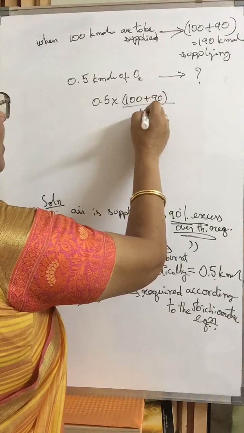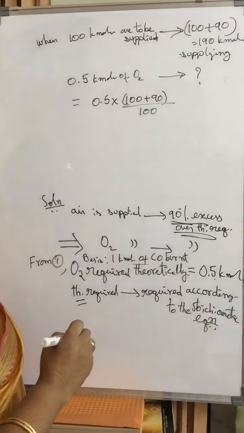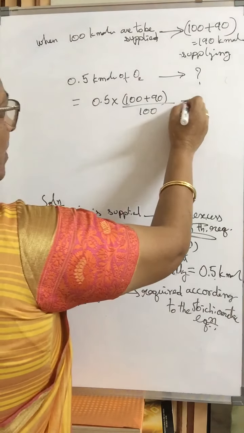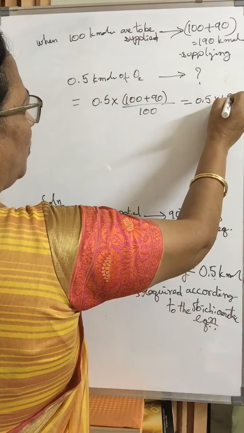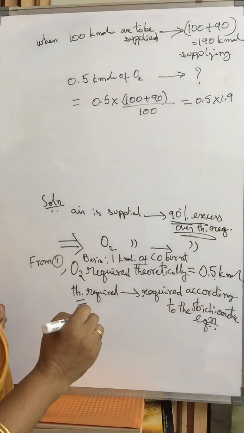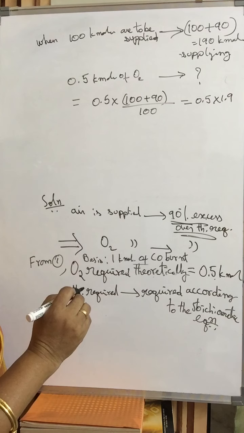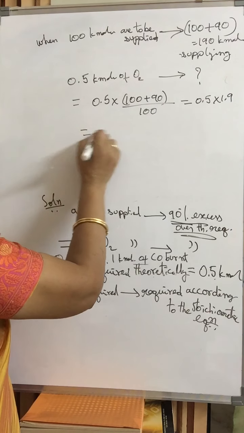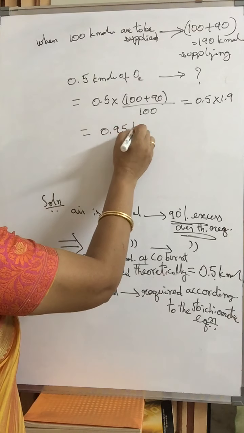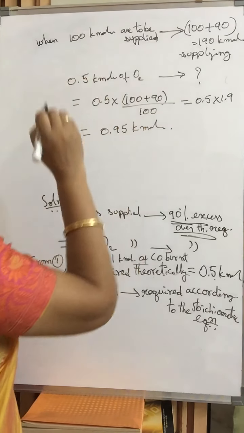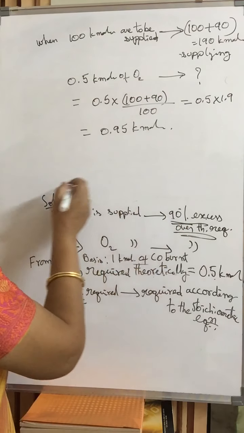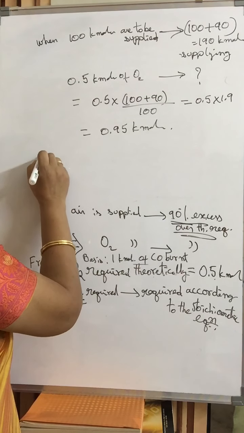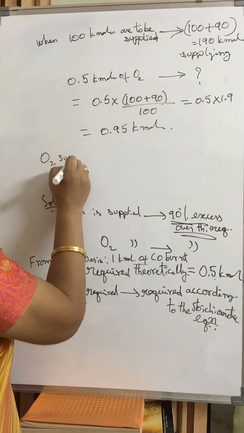That means this is 0.5 into 1.9. So a simple calculation here. This is 0.95 kilomoles.